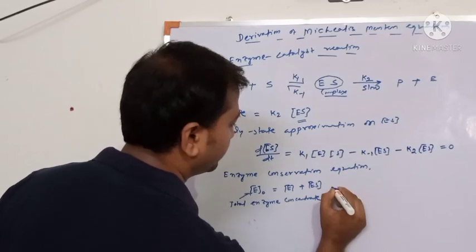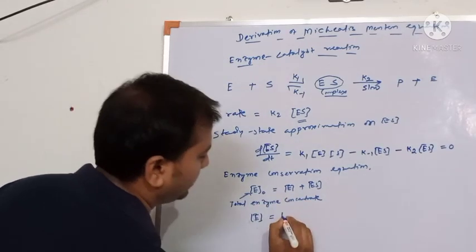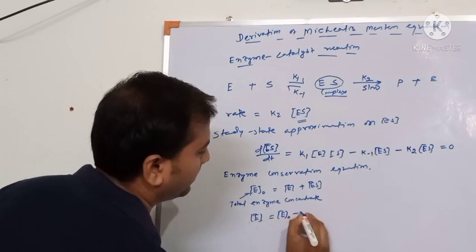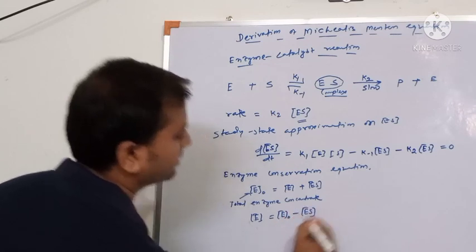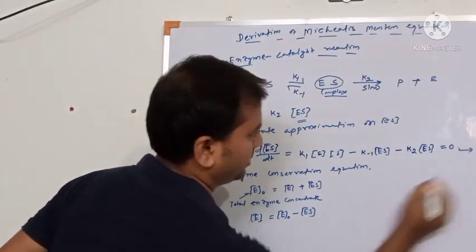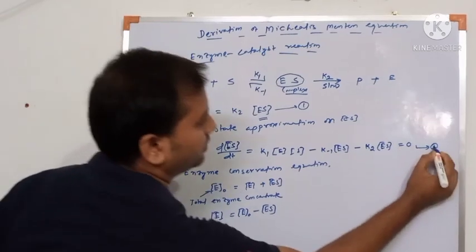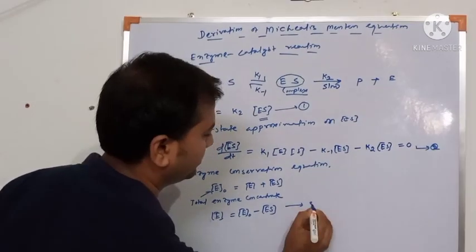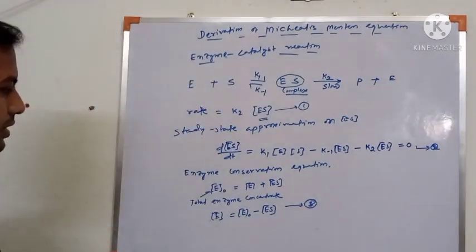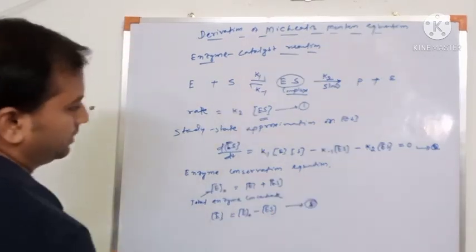So the concentration of E equals E naught minus ES. Now put this value in this equation.